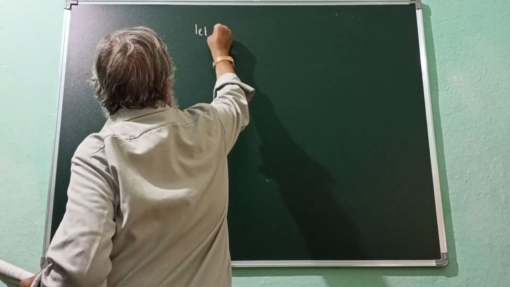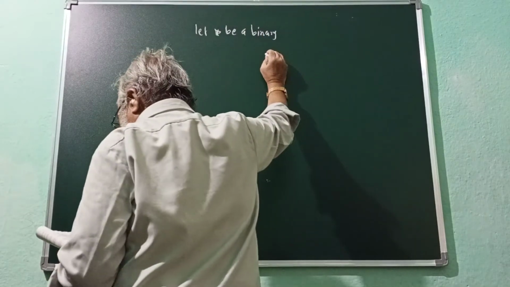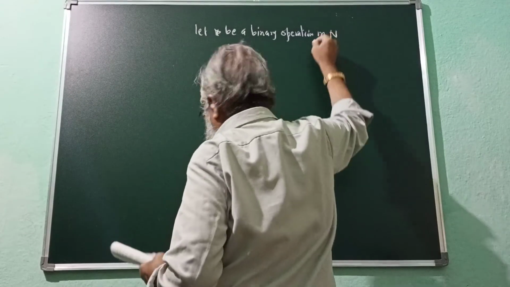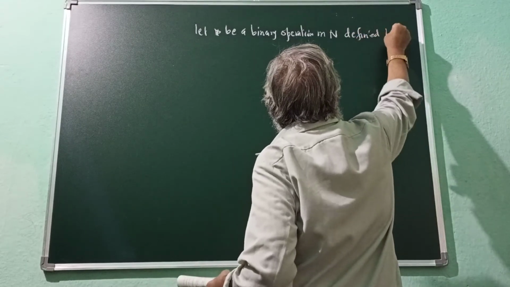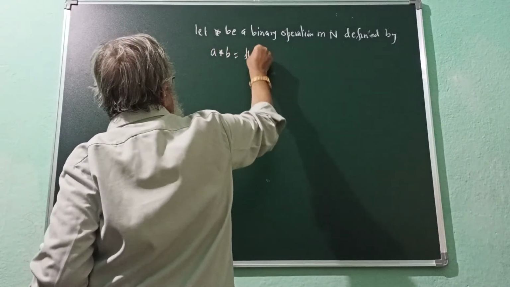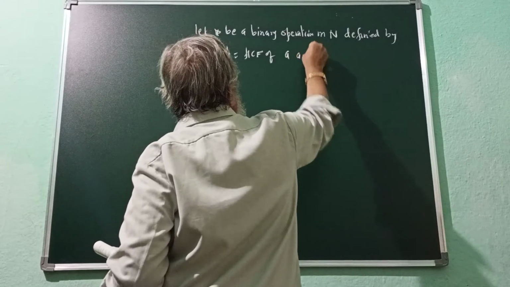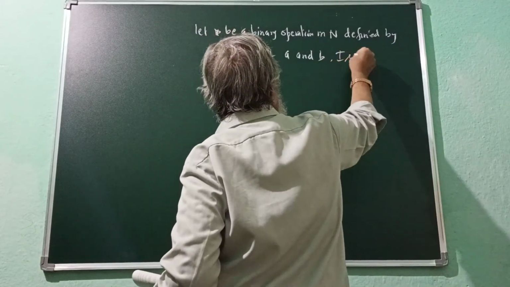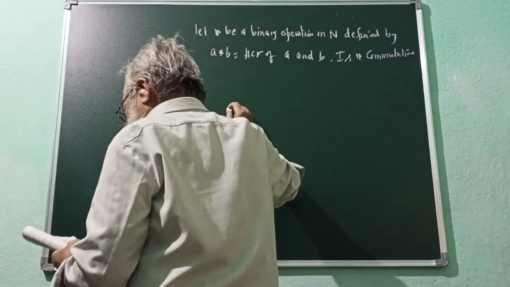Next problem. Let star be a binary operation on N defined by A star B equal to the HCF of A and B. Is star commutative, associative?